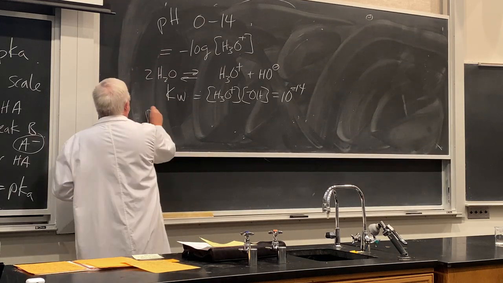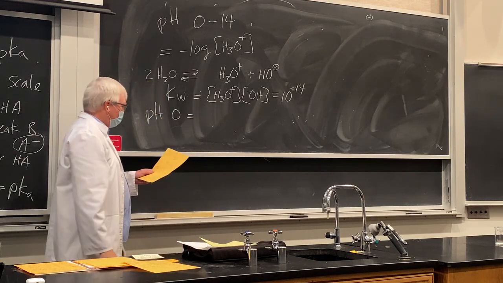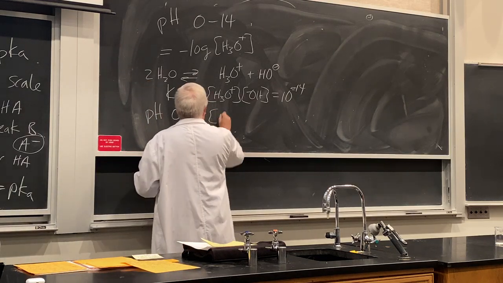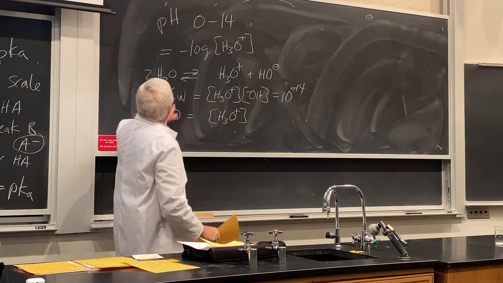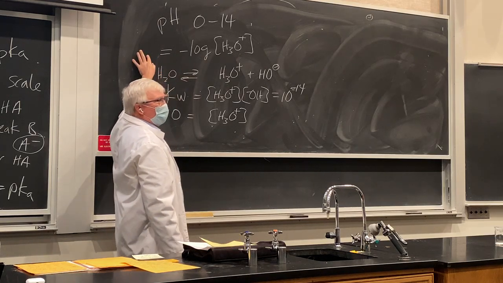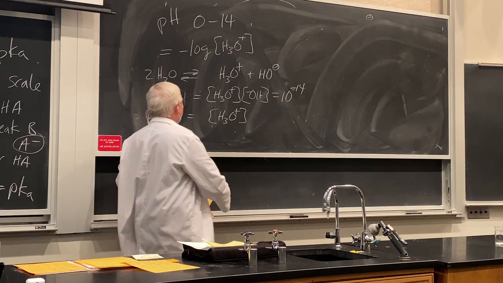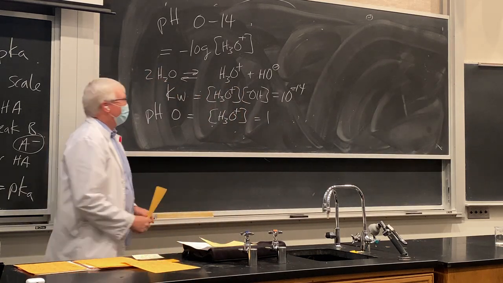If you have a solution that's pH 0, what does that mean? It means the concentration of hydronium ion is what? Put it in there. pH 0 here. You have to do the inverse log of 0. What is it? It's 1. Okay. Concentration equals 1 molar.